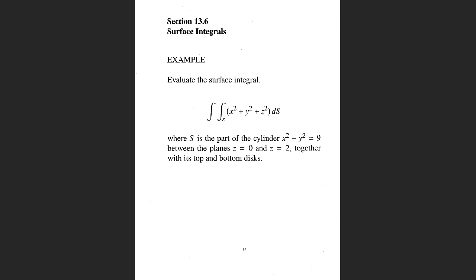And that reminds me, class, while I'm at it, I'll just mention this. In section 13.3, the very last exercise in WebAssign, I'm going to share with you a document that corresponds to exercise 36 in section 13.3.